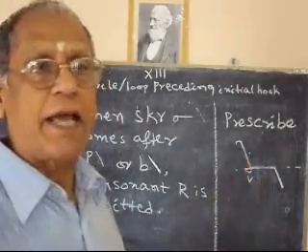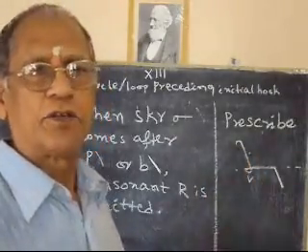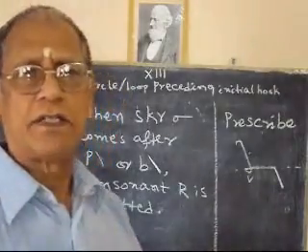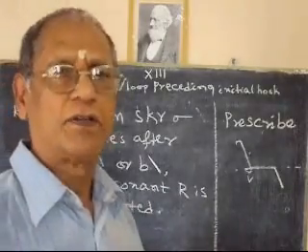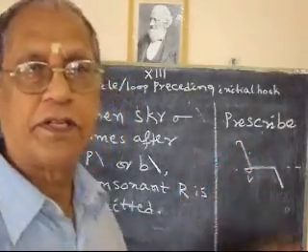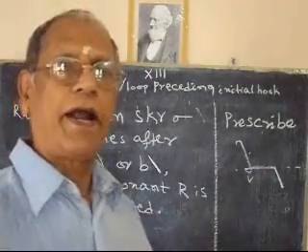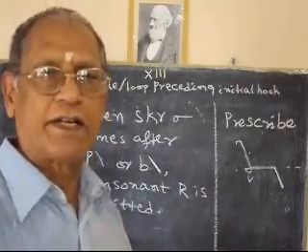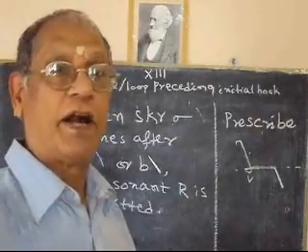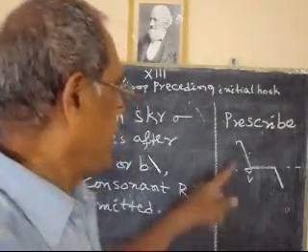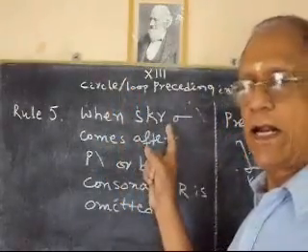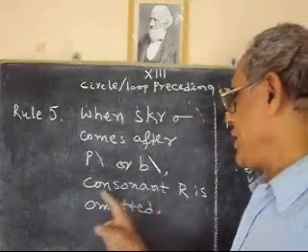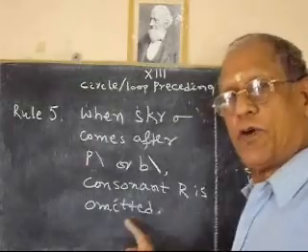We have written only prescribe, but we automatically read it as prescribe because R is heard very little. That means we don't write the consonant at all, but we get the sound of R. Prescribe. When skr comes after P or B, consonant R is omitted.